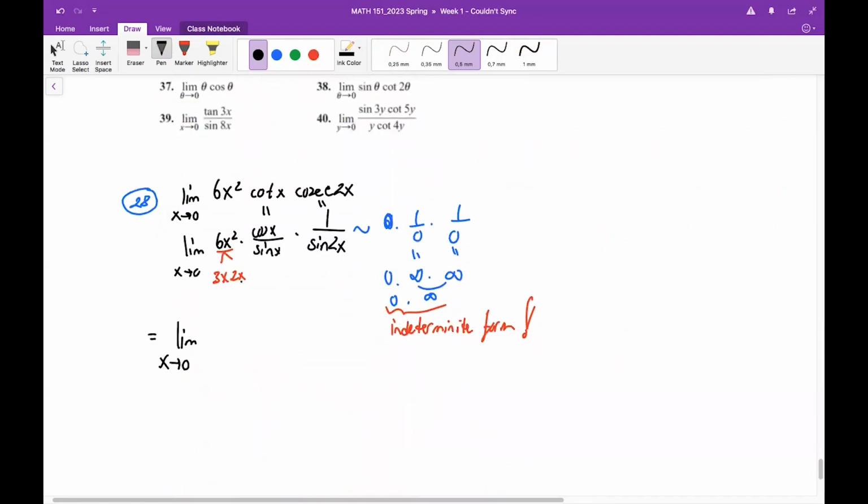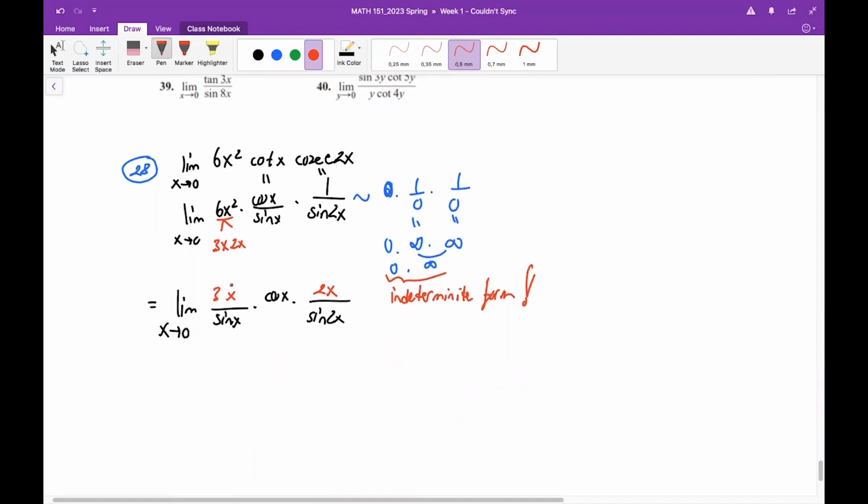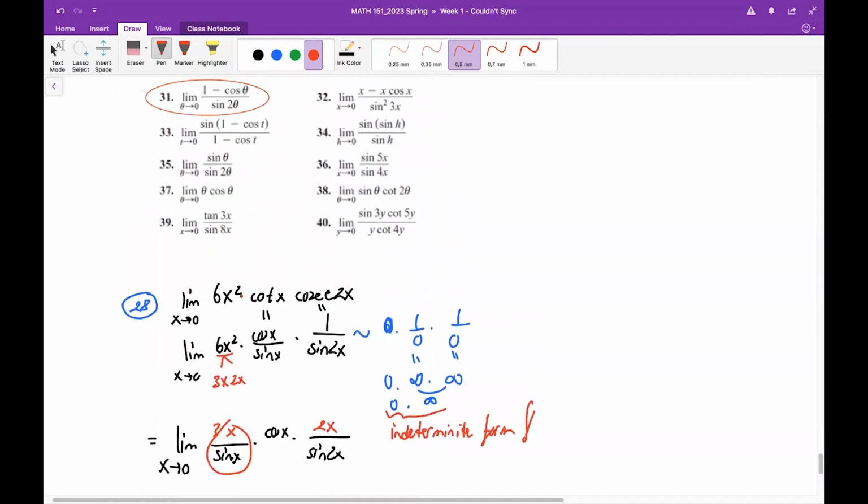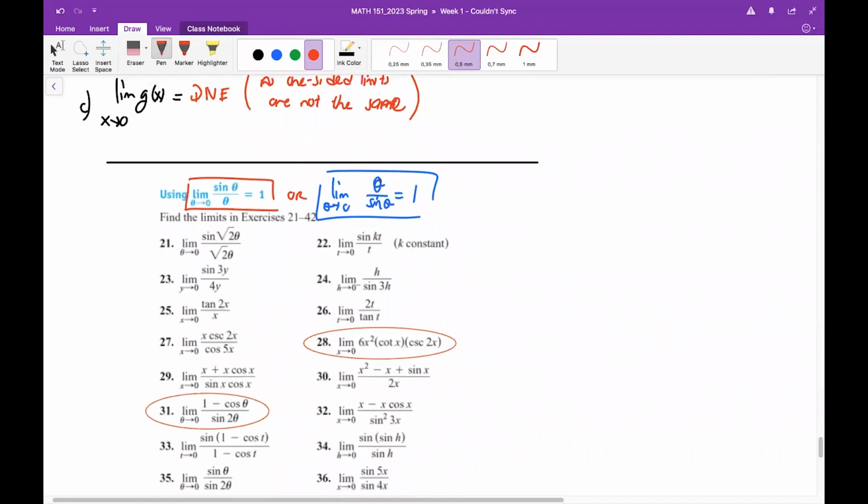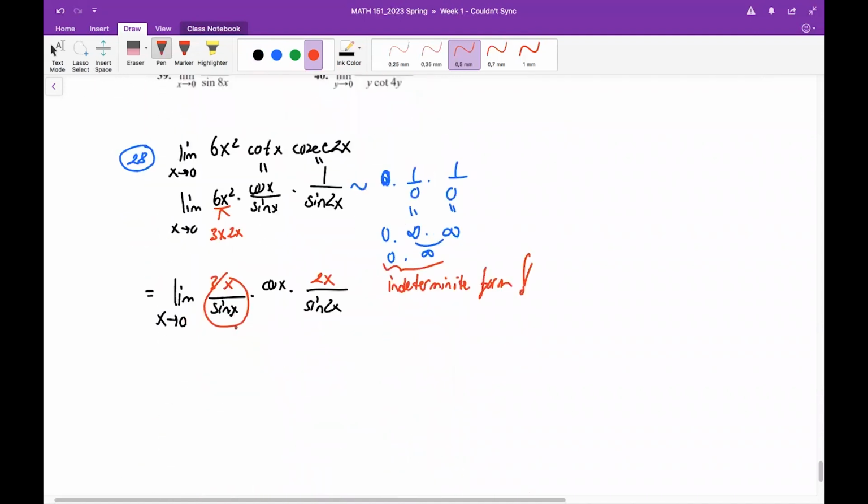That's why I'm sending 2x to here. And 3x remains there. Okay, 3x over, I have sine x here, cosine x is there, and I have sine 2x, and I send 2x here. You see, this is exactly the form that I write here. x over sine x as x goes to 0, which should be 1. This is a rule.